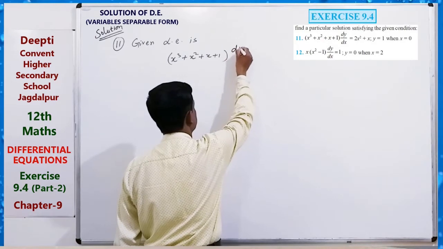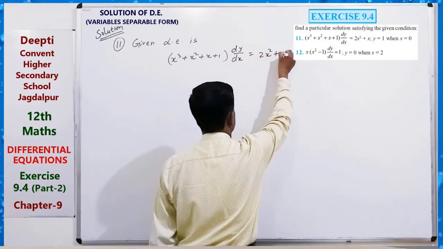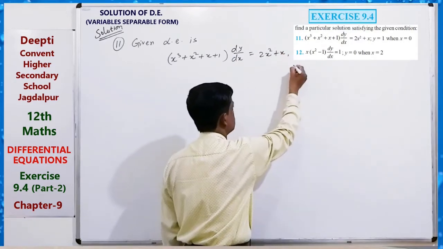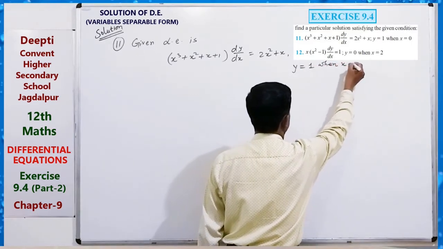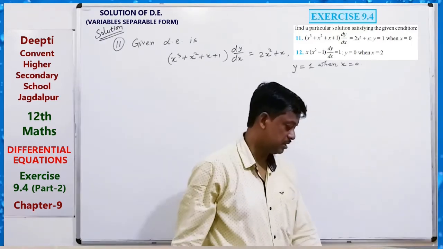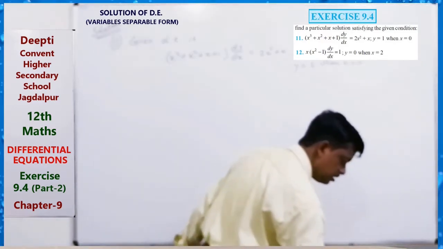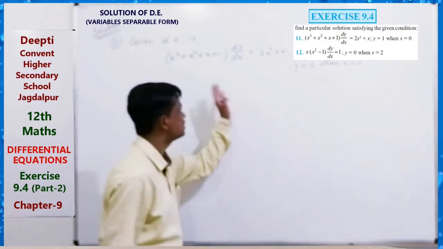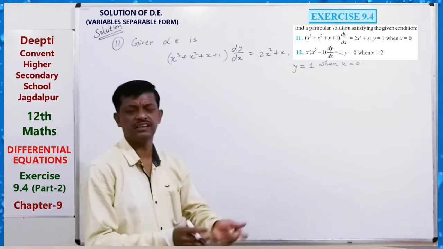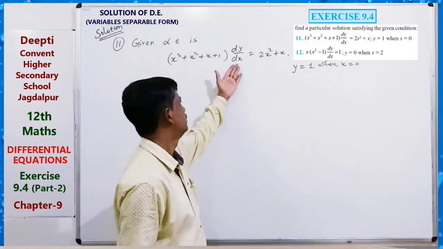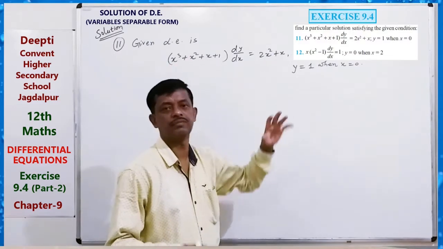Here also y equals 1 when x equals 0. This is the condition: when x equals 0, y equals 1. So this is our given differential equation, and it is clearly of separable form, first order, where dy by dx equals a function of x.